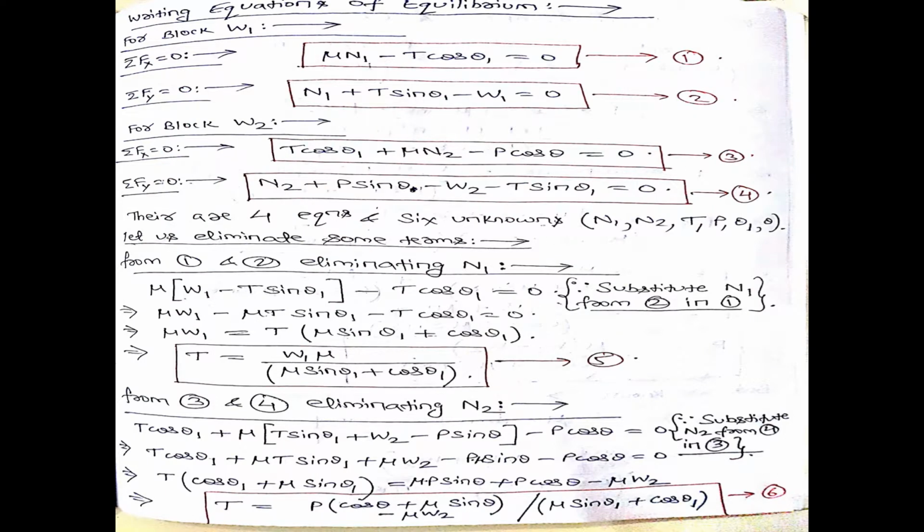But the problem is that in all these equations, that is first, second, third and fourth equation, altogether we are having total 6 unknowns: N1, N2, tension T, force P, theta 1 and theta.